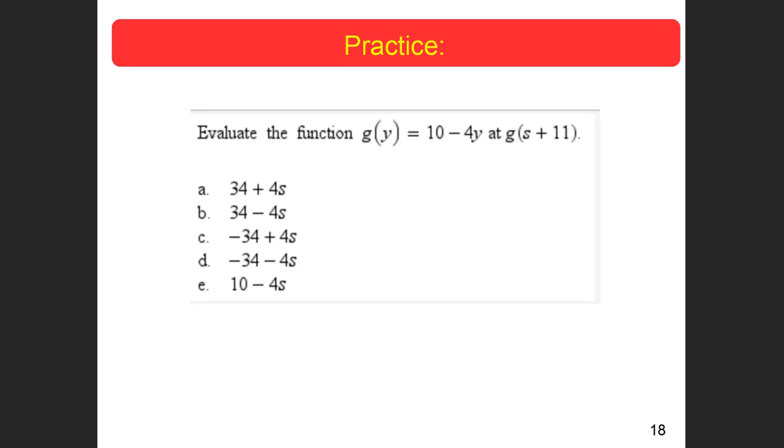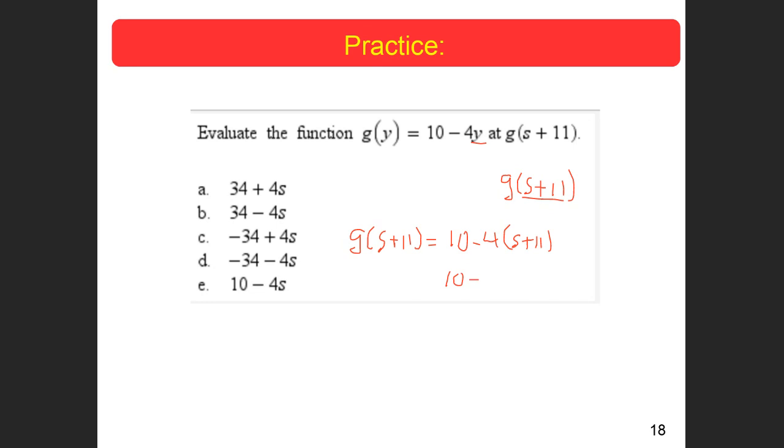Evaluate the function. This one's a little bit tougher. g of s plus 11. Well, that means I'm going to plug this in for the variable. So I've got g of s plus 11 is equal to 10 minus 4, and then wherever I see the variable, I'm going to put s plus 11. So I'm going to simplify this down.